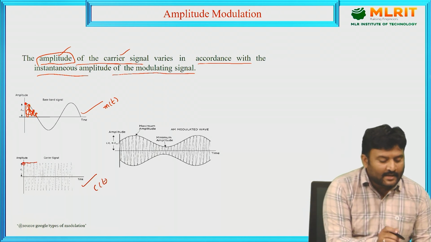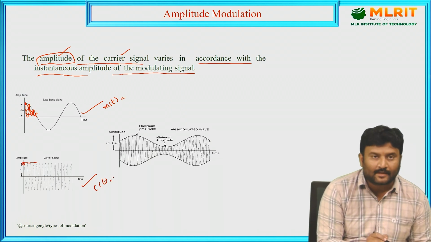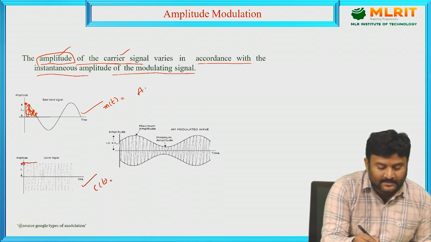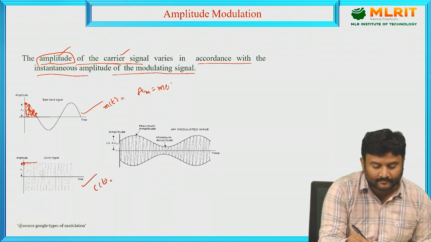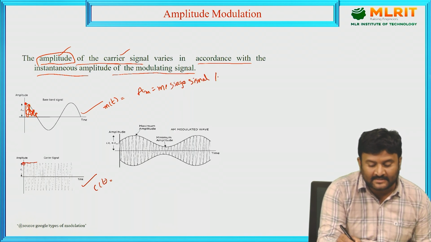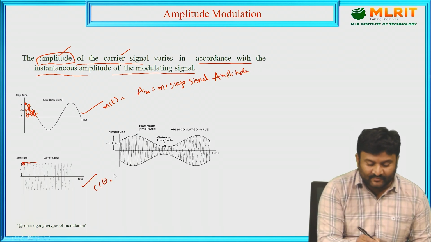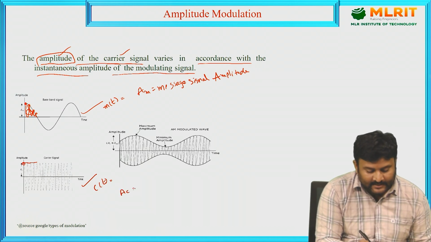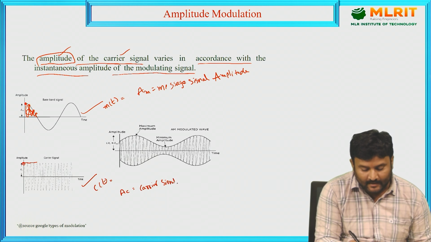That's why here I am taking the message signal m(t) and carrier signal c(t). The message signal amplitude is Am, the message signal amplitude, and for c(t), the carrier amplitude is Ac, that is the carrier signal amplitude.